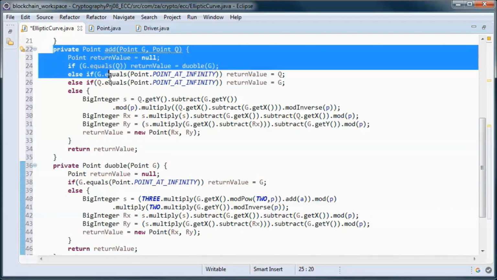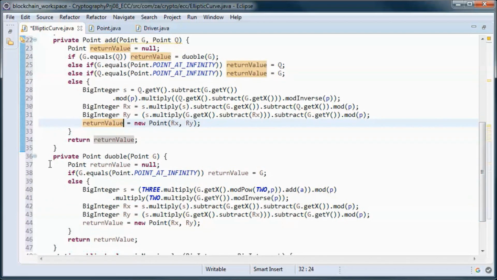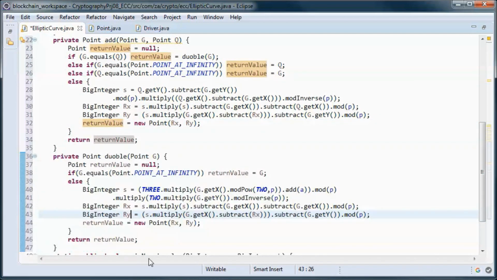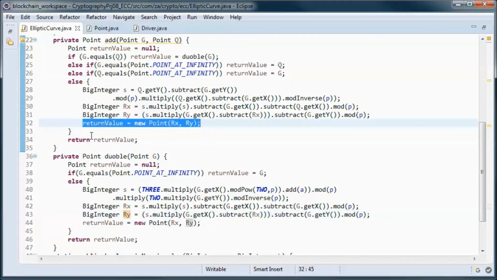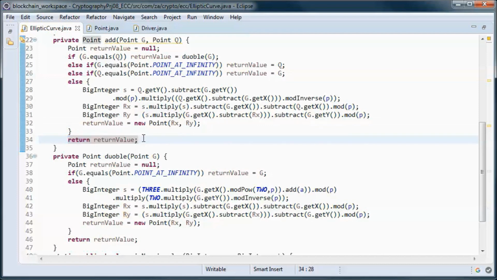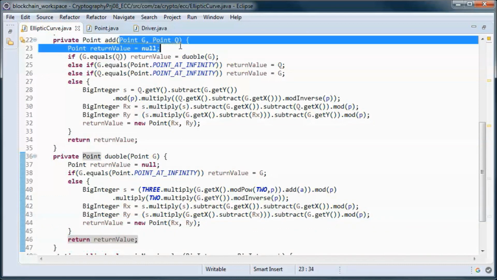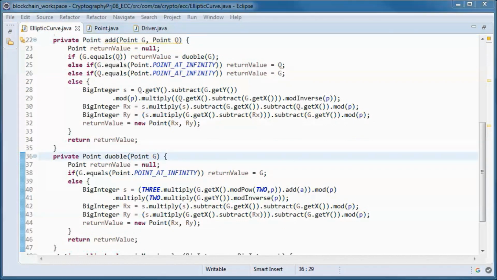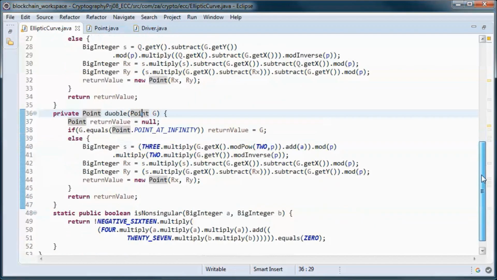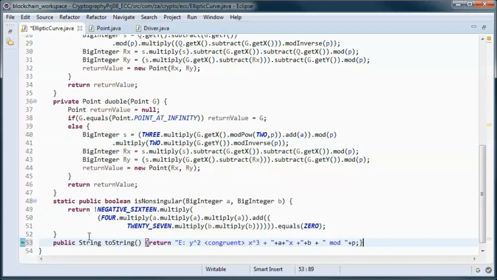So this one does point addition, and this one point doubling. And we return the new point in both cases, which is the result of adding 2 points or doubling a point. And this is the toString method for this class.